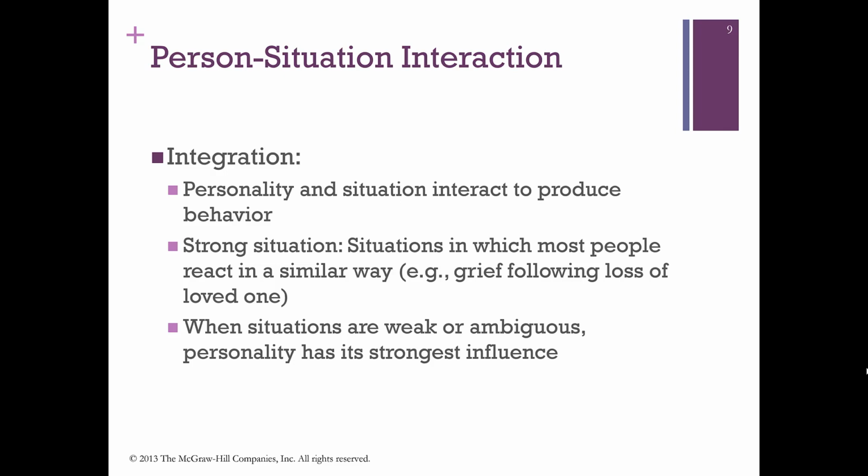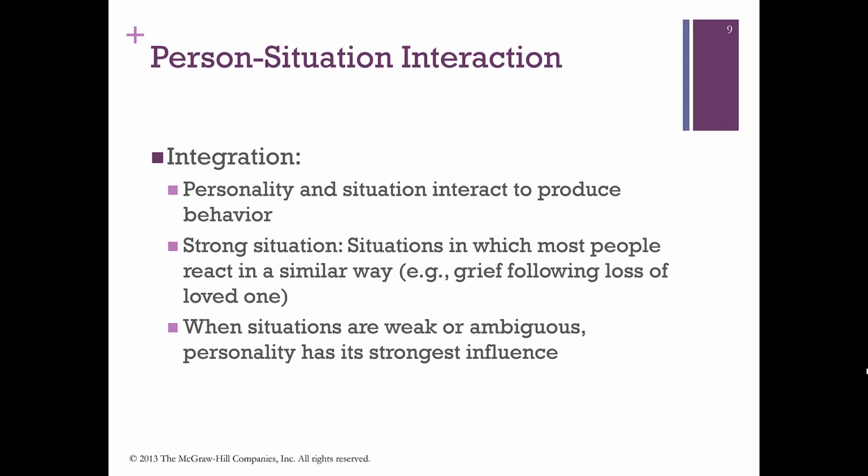A lot of you have pointed out that when taking the different assessments, the situation can really change your answer. And this is where we see person-situation interaction. So we see that sometimes there's a strong situation where most people react in similar ways. For example, you may usually be talkative, but in class you are quiet because that is what is typically expected in classrooms.